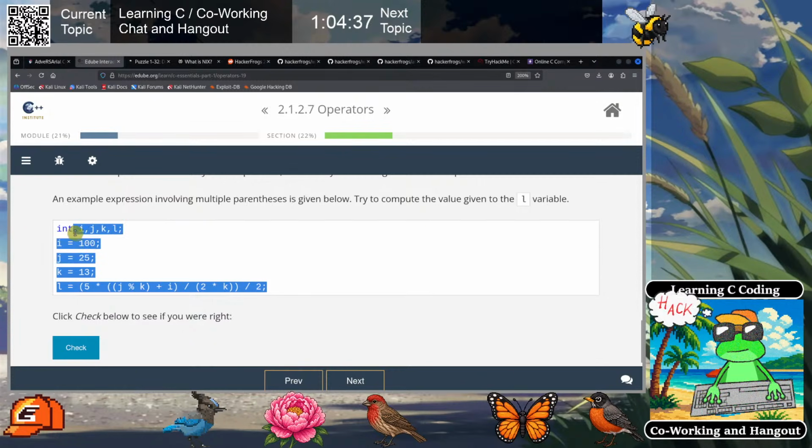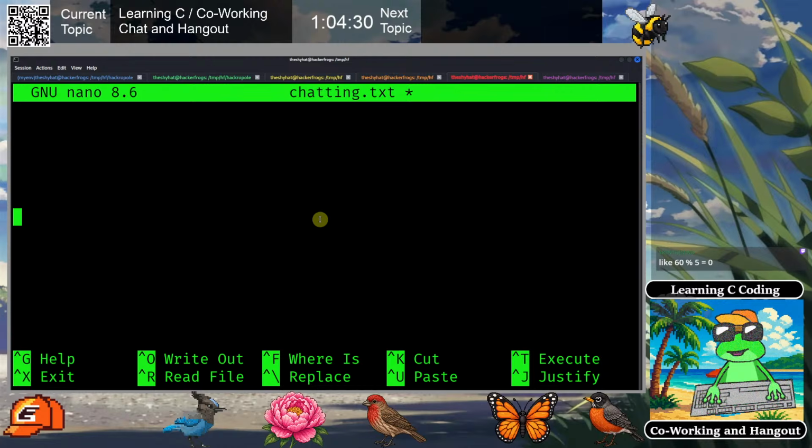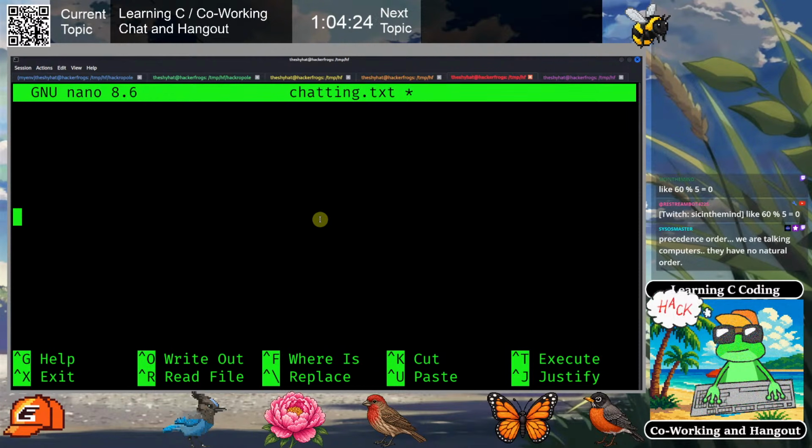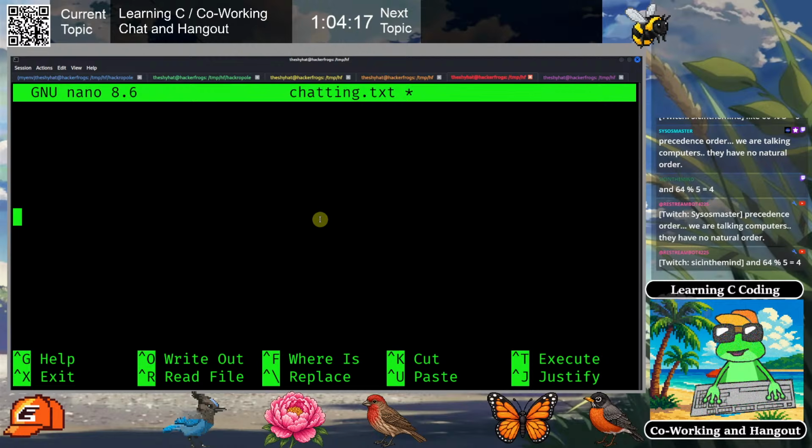Okay, so let's go ahead and do this in our terminal over here. So 60 modulo 5 is 0, and 64 modulo 5 is 4. So after it is cleanly divided, whatever remains is what we give, right?